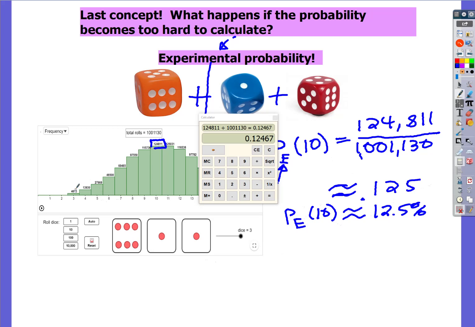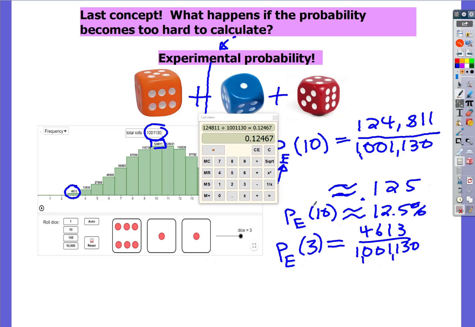And you could do the same thing here with the probability of rolling a 3. We'll just write that one out really quick. Probability of rolling a 3, that will be equal to 4,613 all over our total rolls. So 1,130. We'll quickly do that one real quick.